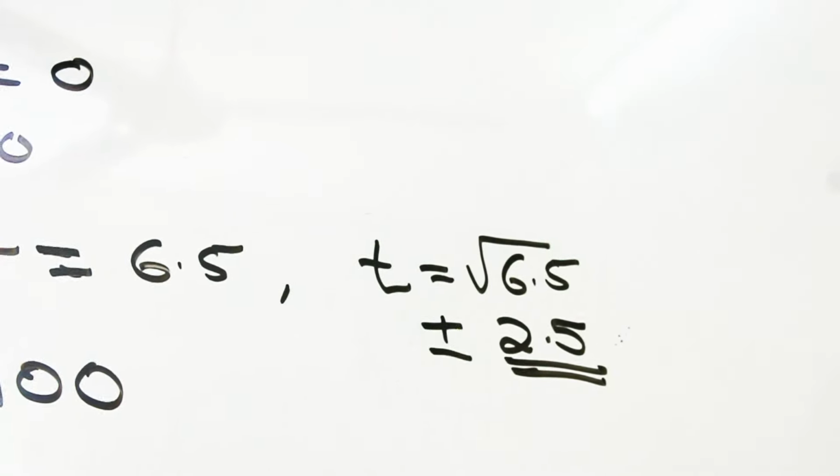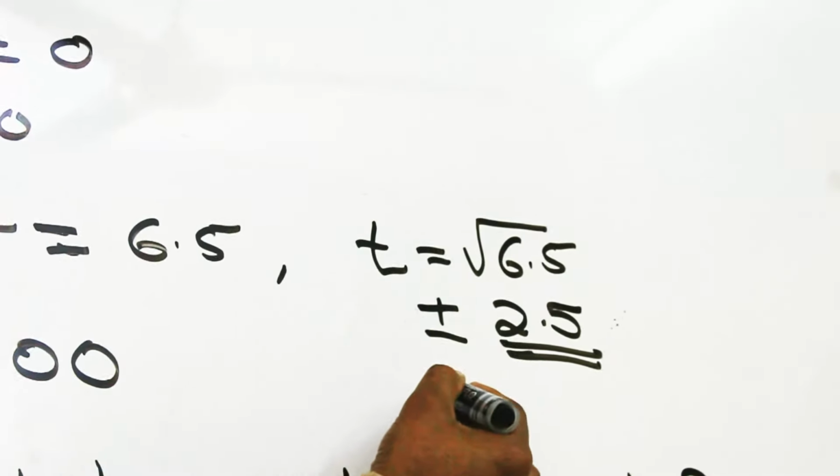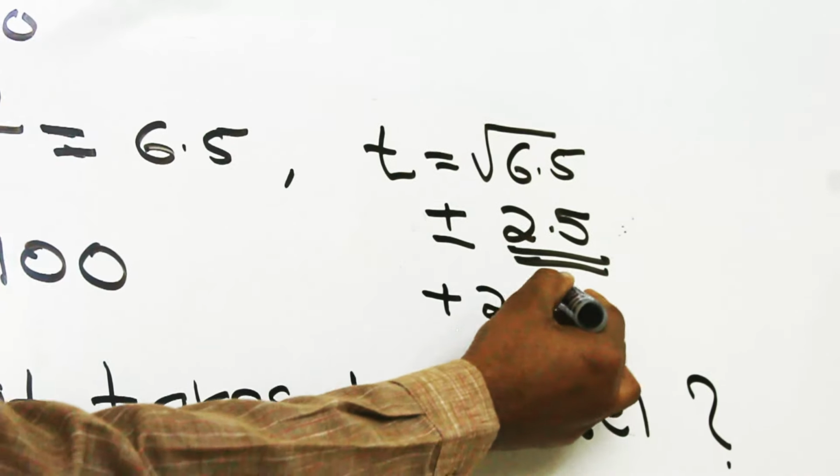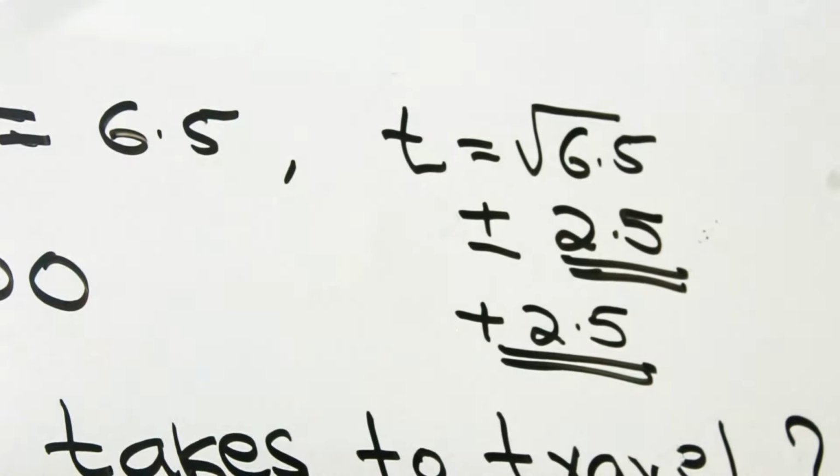But in a physical quantity, negative time is not allowed, so we have to delete the minus time. I am considering only 2.5 with the plus sign. So it will be the answer for time.